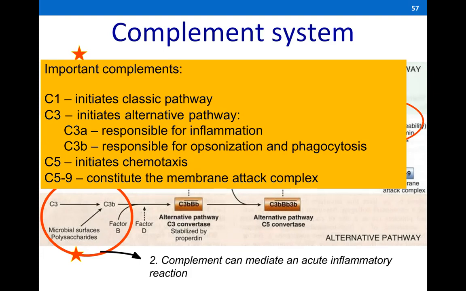C5 would initiate chemotaxis, while your C5, C6, C7, C8 and C9 would constitute the membrane attack complex, lysing the target cell. Okay? So that is our complement system. The classic and alternative, please take note of the anaphylatoxins, C3a and C5a, what their roles are, and that the membrane attack complex is constituted by C5 to C9. That's the final product of your complement system.